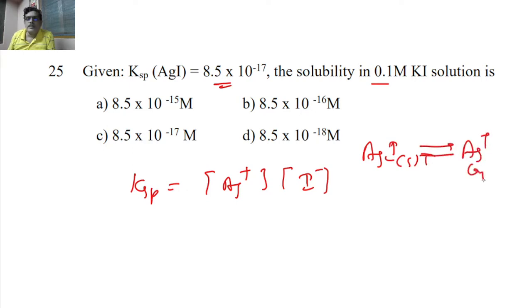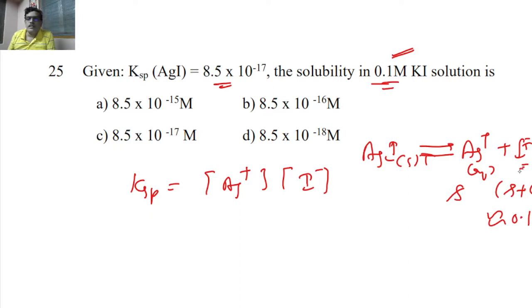So Ag plus aqueous, and this will be I minus. Actually this is S, and this should be S plus 0.1 molar. That is almost equal to 0.1, because the solubility concentration of iodide ions is very, very small. So the contribution from 0.1 molar KI will be much greater than the contribution of iodide ion concentration from silver iodide.